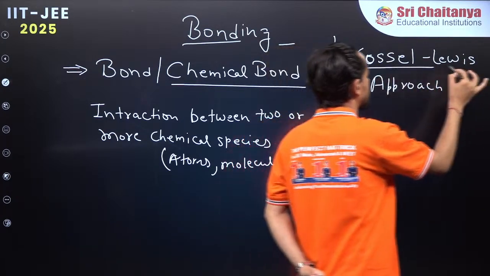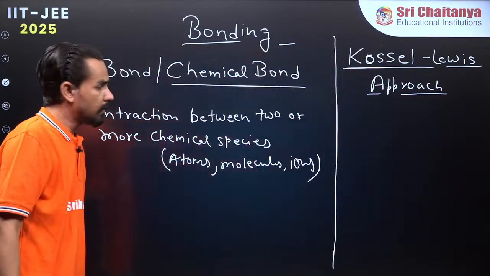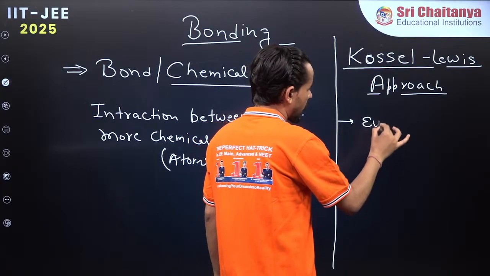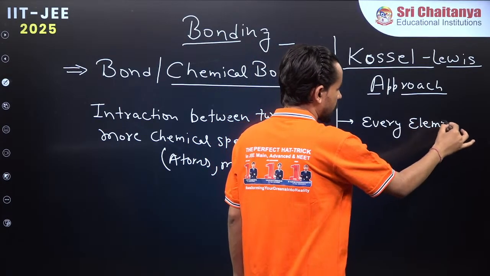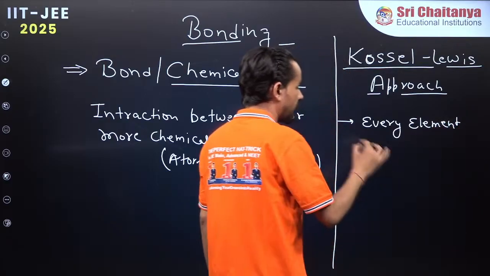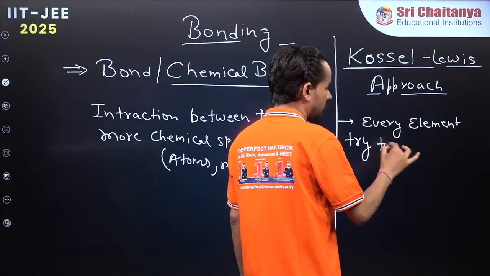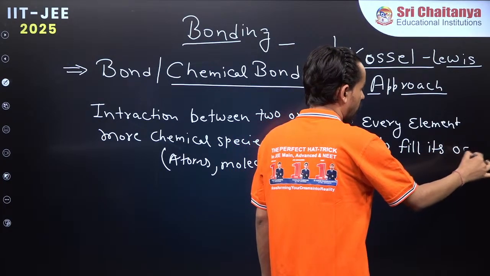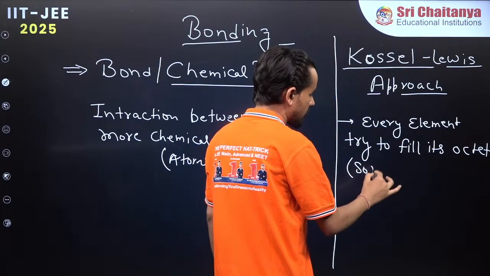Okay, what this approach says is that every element tries to fill its octet and in some cases duplet.